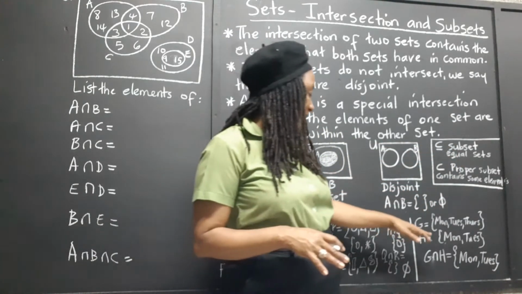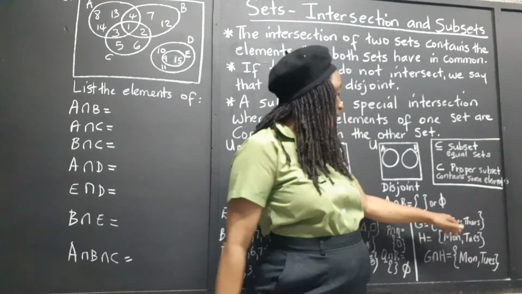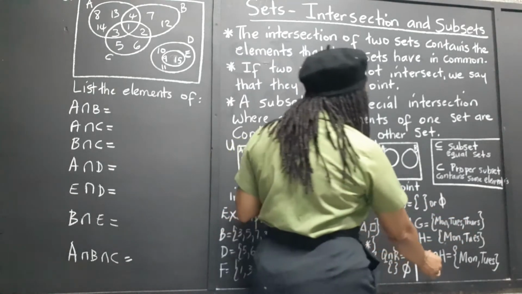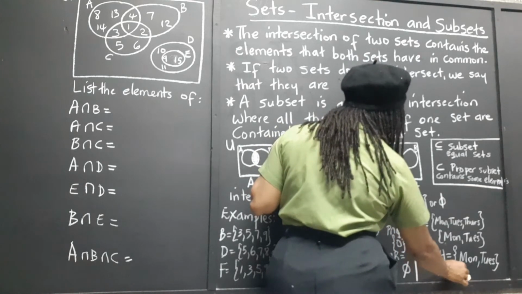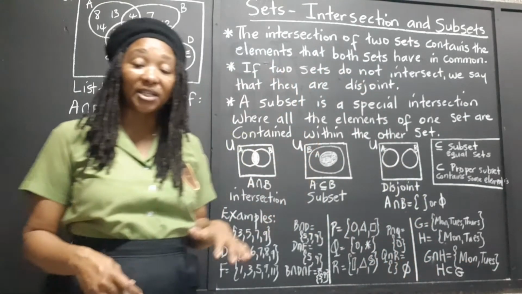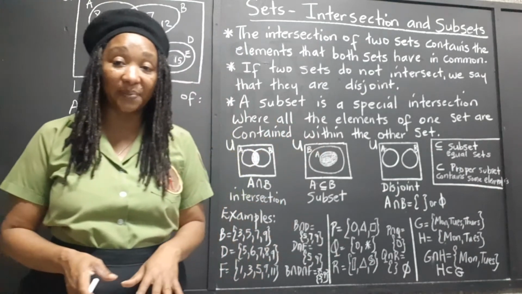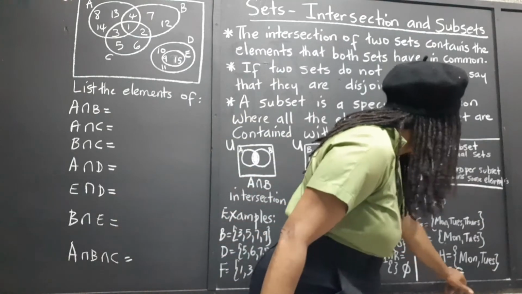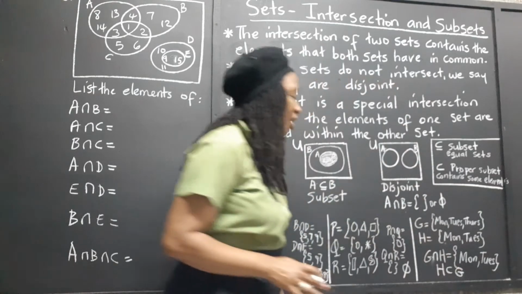The elements in H are contained within G. So we could say H is a proper subset of G. They are not equal subsets, right? They don't have the exact same elements. But H is a proper subset of G, this symbol, not the one with the line under.